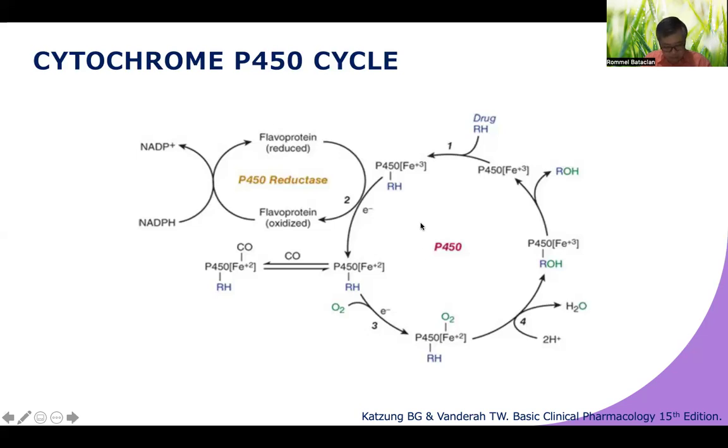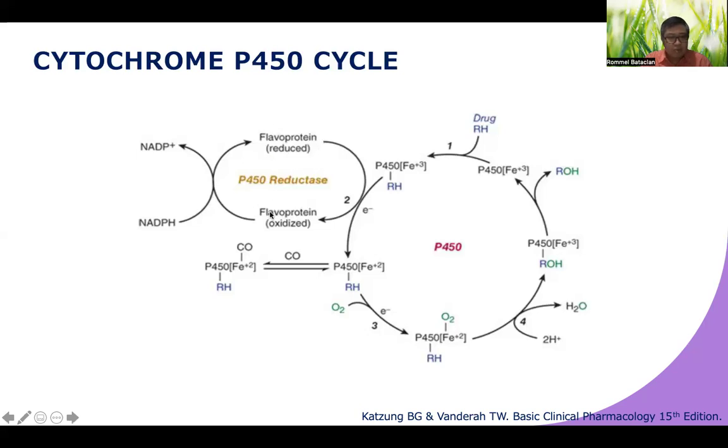One mole of this enzyme contains one mole of each flavin mononucleotide and flavin adenine dinucleotide, FMN and FAD. They undergo oxidation reduction reactions.